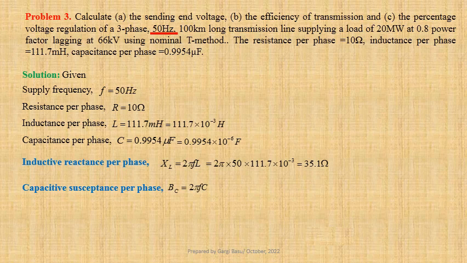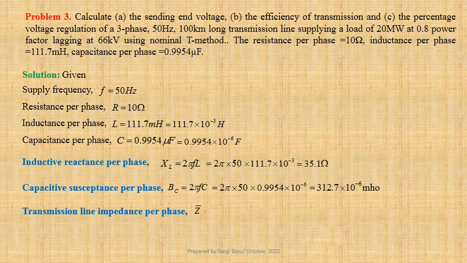Capacitive susceptance per phase BC equals 2 pi F into C. Using values we get 2 pi into 50 into 0.9954 into 10 to the power minus 6, that gives us 312.7 into 10 to the power minus 6 mho. Transmission line impedance per phase Z equals R plus JXL, that is equal to 10 plus J 35.1 ohm.